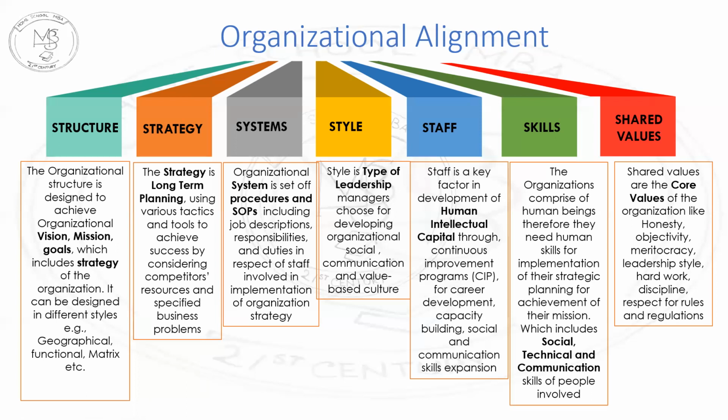So we cannot say which one is the most important. Perhaps every element of this organizational alignment has its own role to play. Overall, people are the most important, not the systems and not the buildings and hardware.